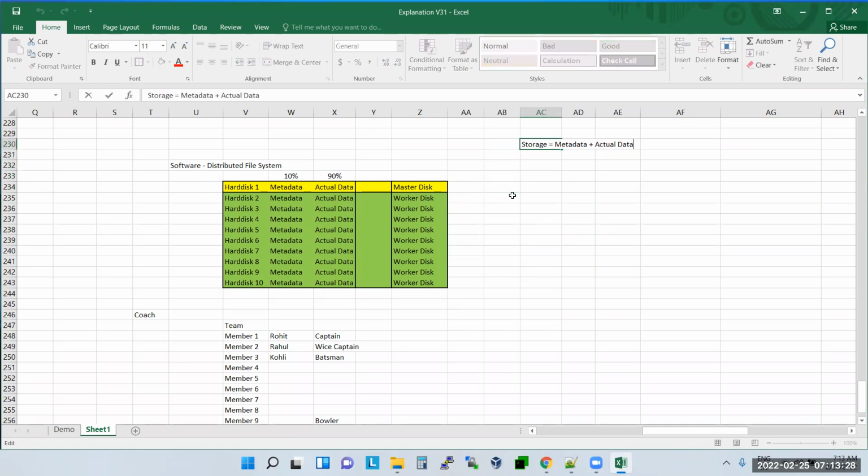This is called distributed storage, correct? Metadata will be stored in the master disk, and in distributed storage, the actual data will be stored across the worker disks.